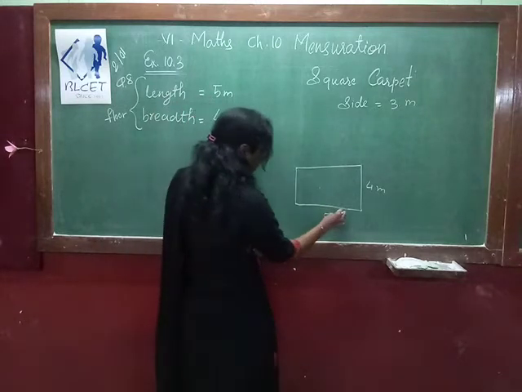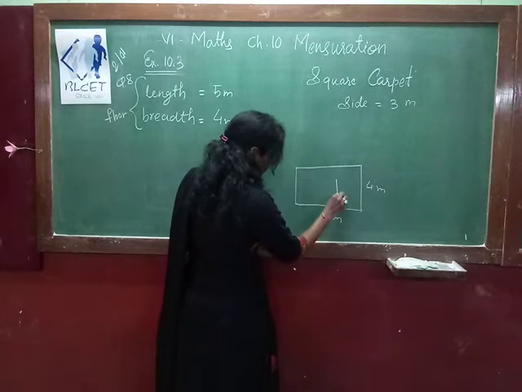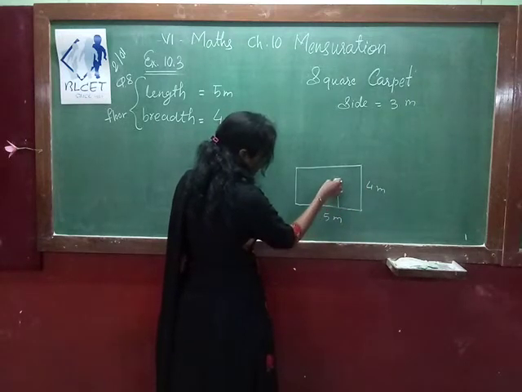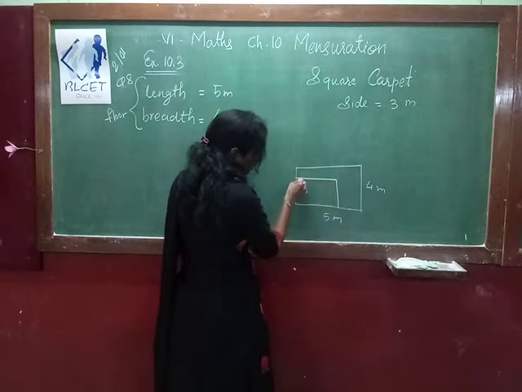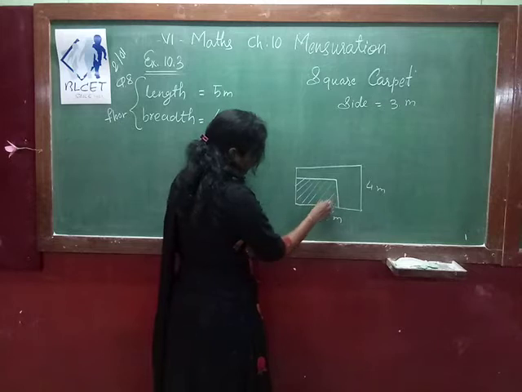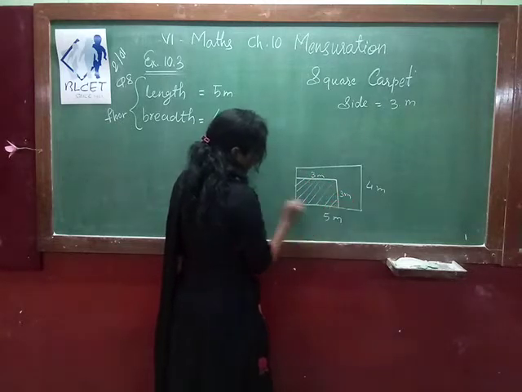So suppose this is your 3 meter, and this is your square carpet in which all the sides measure 3 meter.